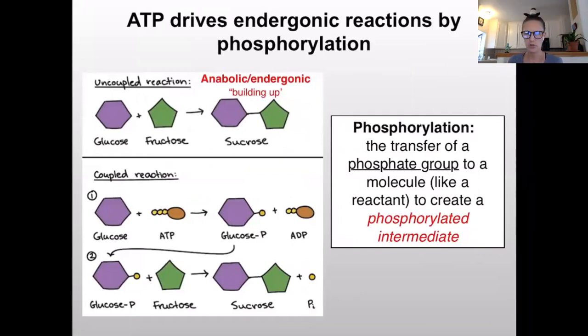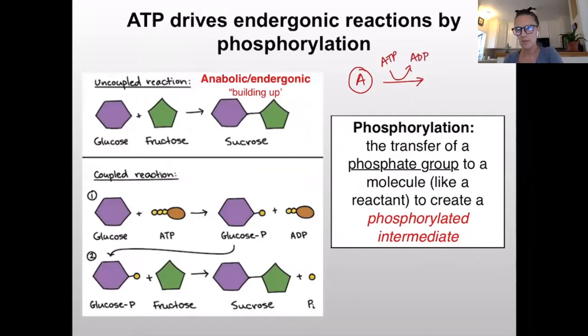Phosphorylation can be defined as the transfer of a phosphate group to a molecule. So here, if we have protein A and we add ATP, we can use that ATP.